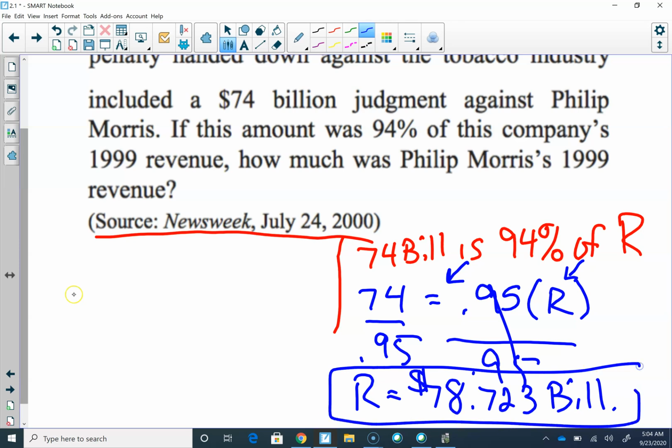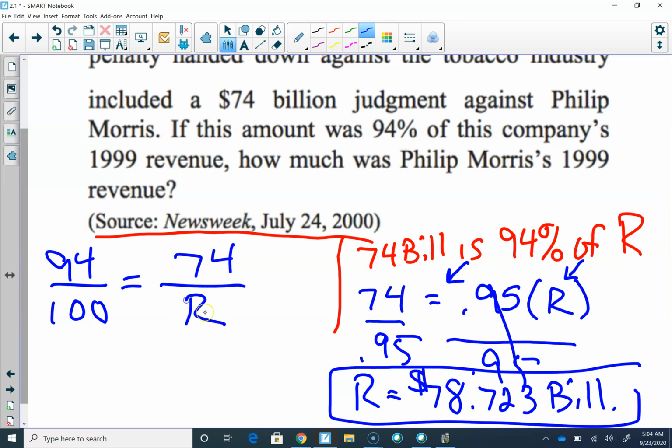Another way you could do this is as a proportion. So 94 over 100, you just have to know where this other number goes. 74 is the part of the whole. And then you could cross multiply that. So that's 7,400 equals 94R. And I'm going to divide that.